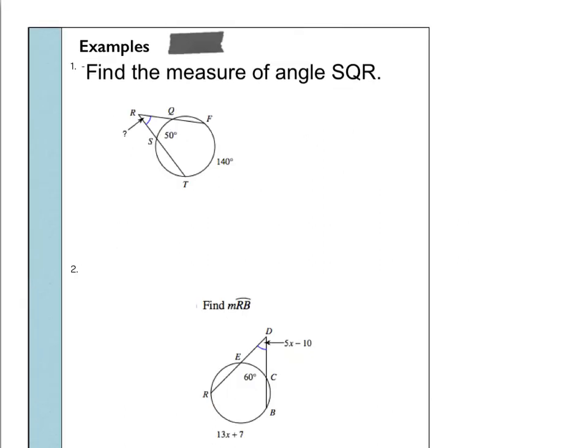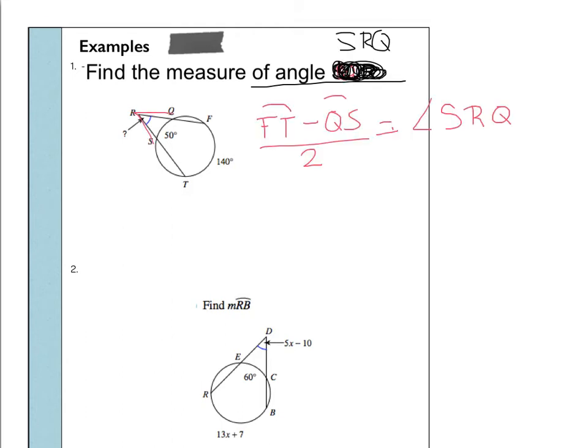Question number 1 says, find the measure of angle SQR. This is one of those problems where they're looking for an angle measure. Before you do this problem, please change this angle up here to SRQ. That's the angle that we're looking for.